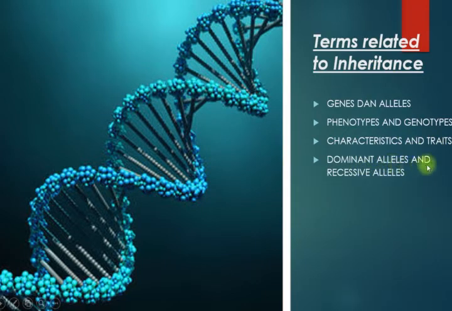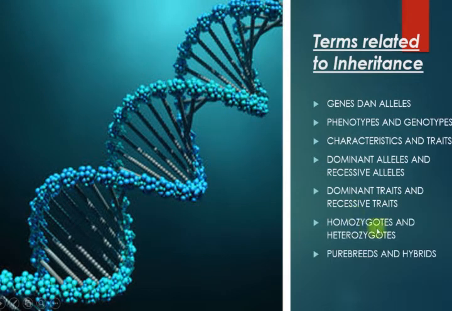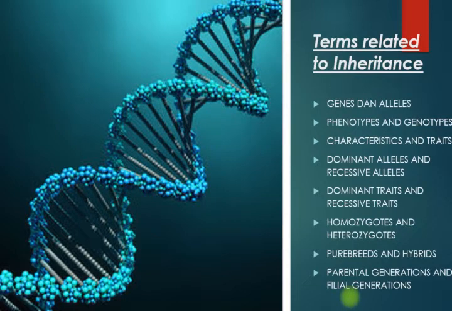Dominant alleles and recessive alleles. Dominant traits and recessive traits. Homozygotes and heterozygotes. Purebreds and hybrids. Parental generations and filial generations. Let's discuss the meaning of all the terms. Make sure you can understand the meaning of the terms and you can apply them.